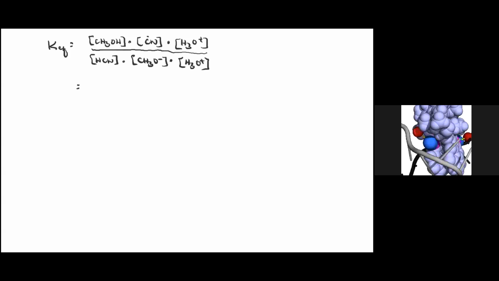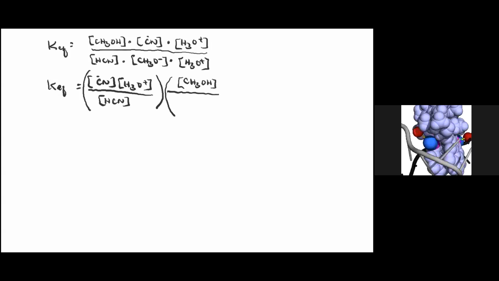So say KEQ equals CN minus times H3O plus over HCN, times methanol over methoxide times H3O plus.